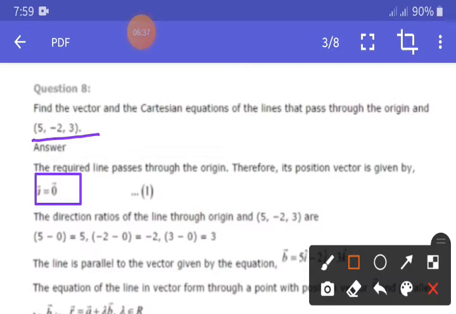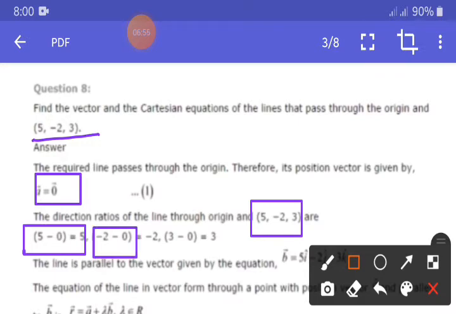The direction ratios of the line through the origin and (5, -2, 3) are 5 - 0 = 5, -2 - 0 = -2 and 3 - 0 = 3.